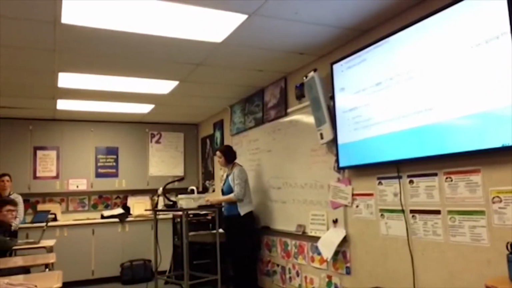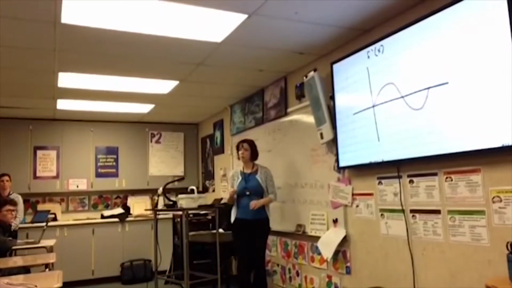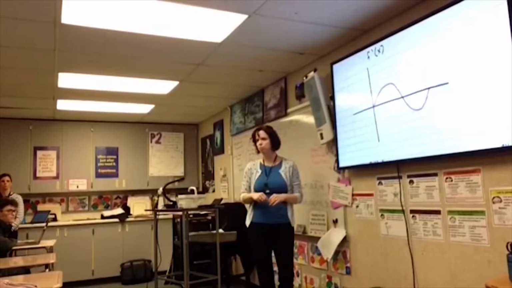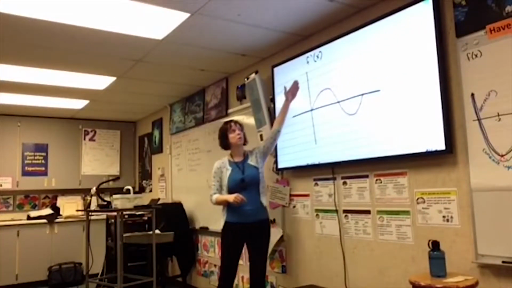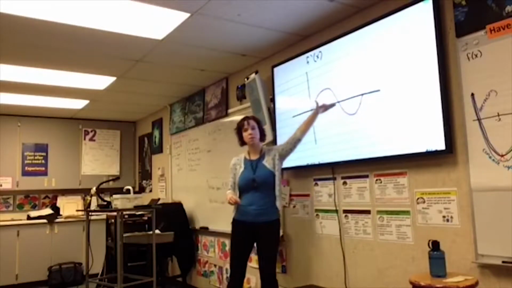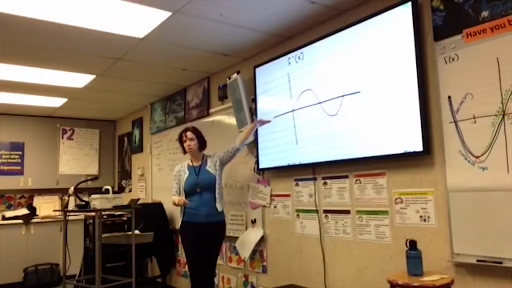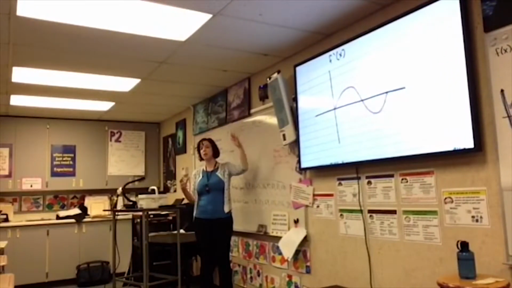If it helps, it's okay to put an axis, because for the first derivative graph, the axis is important. It talks about positive slopes and negative slopes. So for your first derivative graph, it's okay to put an axis right through the middle of your graph. So go ahead, sketch it. Label it f prime of x.